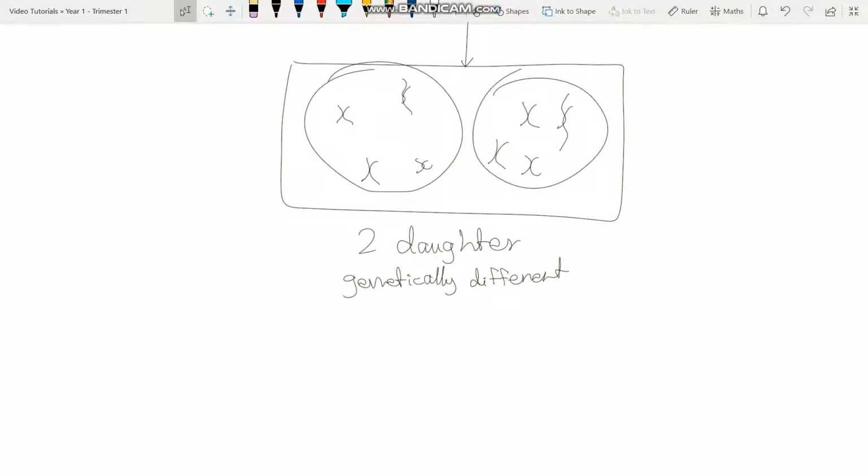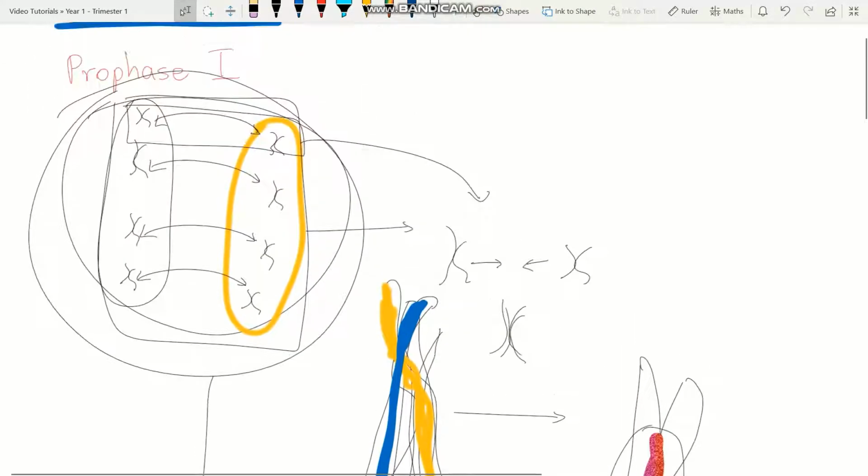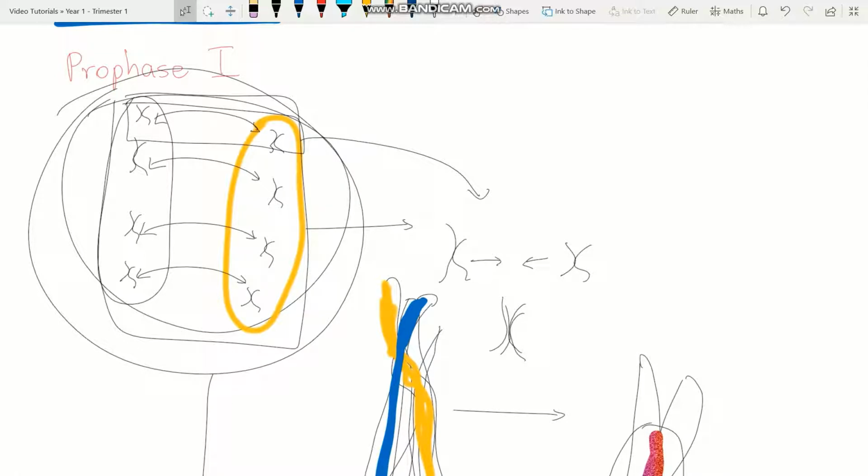Now this leads us on to meiosis 2. Meiosis 2 is quite a simple process because it's quite similar to mitosis. Unlike meiosis 1, where we went through this entire process of genetic variability, there is no need to introduce any genetic variability here because it's already been done.